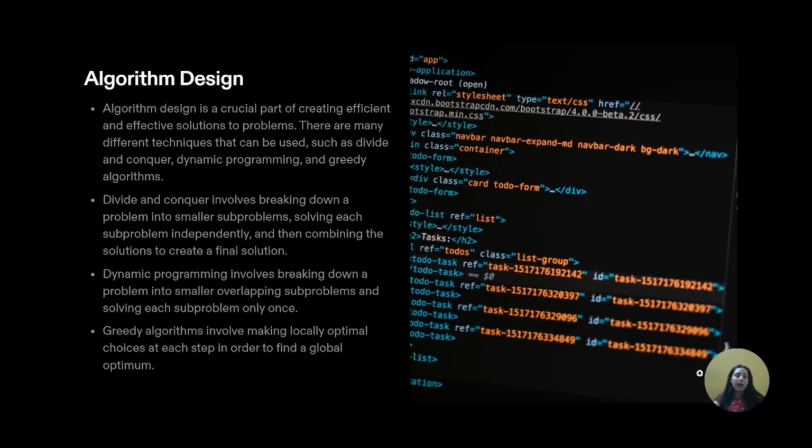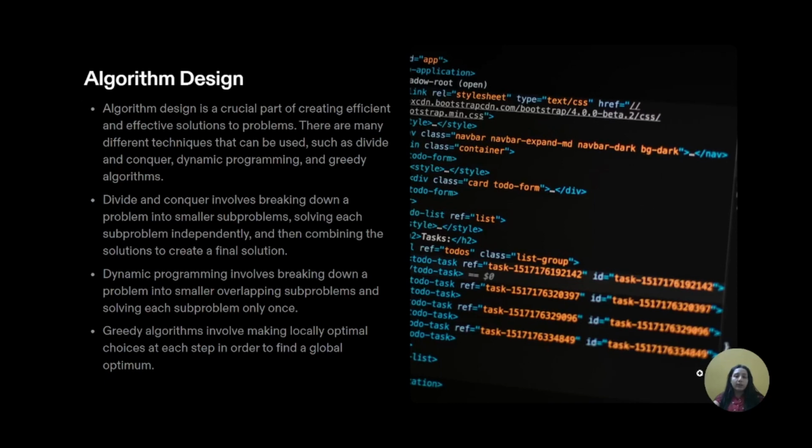Algorithm design. Algorithm design is a crucial part of creating efficient and effective solutions to problems. There are many different techniques that can be used, such as divide and conquer, dynamic programming, and greedy algorithms. Divide and conquer involves breaking down a problem into smaller subproblems, solving each subproblem independently, and then combining the solutions to create a final solution.